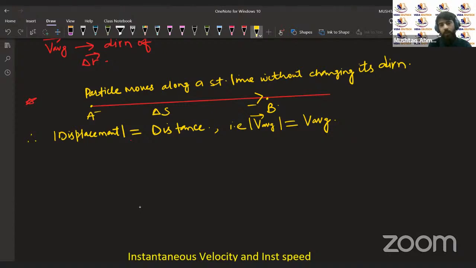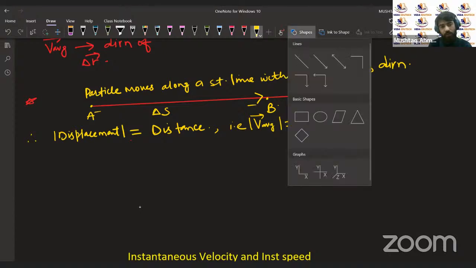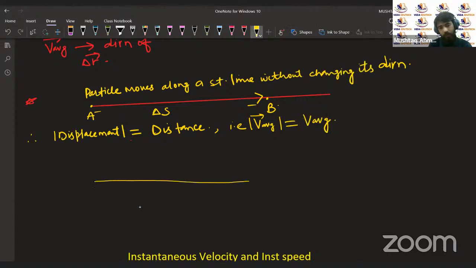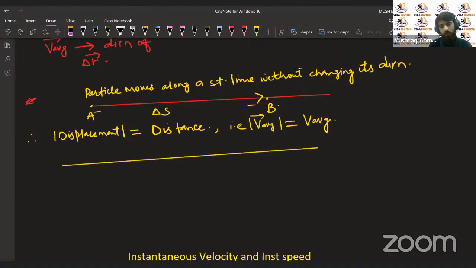Suppose the same particle is there, but it's once again moving along a straight line like this. It starts from position A and moves along a straight line.